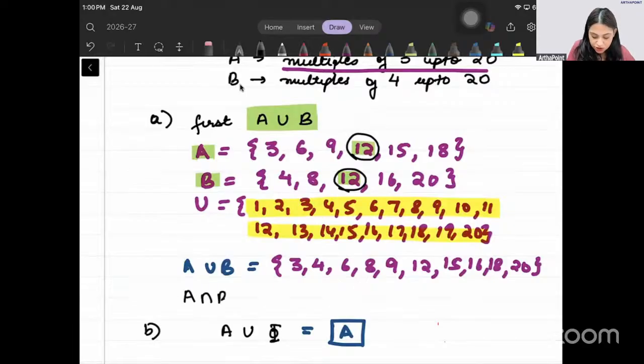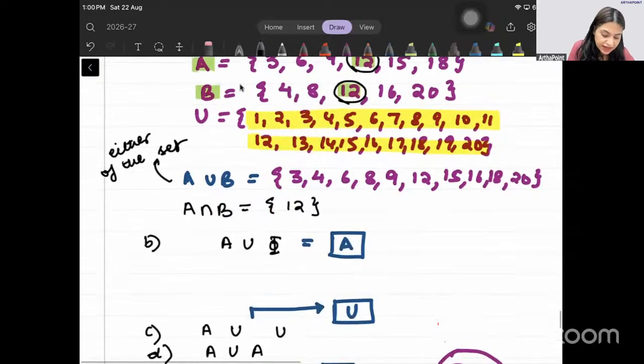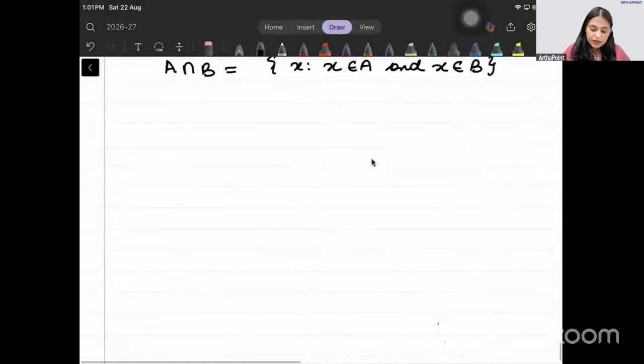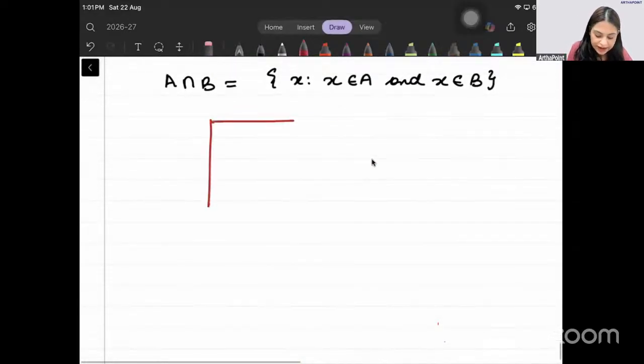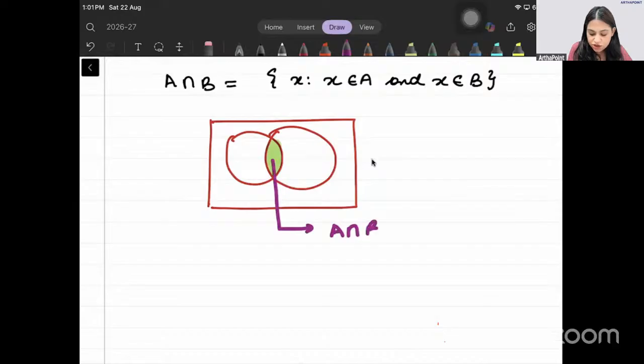These are elements which are present in either of the sets, किसी एक में भी है तो यहाँ पे आ जाएंगे. But these are the elements which should be present in both of the sets. So if they are present in both of the sets, then we write intersection. In a Venn diagram, we can say that this region, which is common between A and B, is your intersection between A and B.